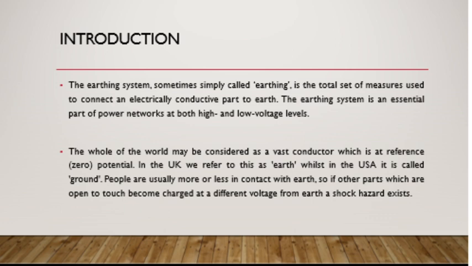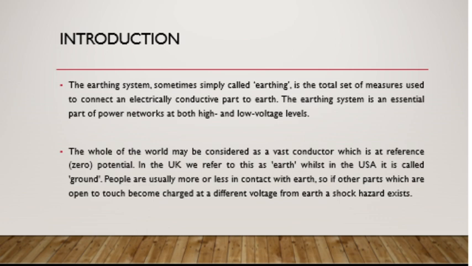We are connecting some conductive part of an instrument with the earth, so that if there is any fault or short circuit and a high value of current is flowing, it will be taken to the earth. If earthing is not there, and anyone or any human being touches that particular system, he or she may get a shock.